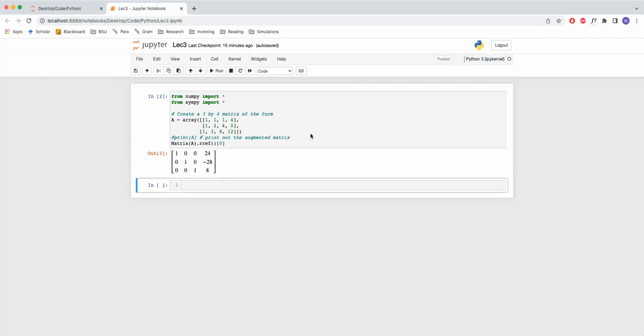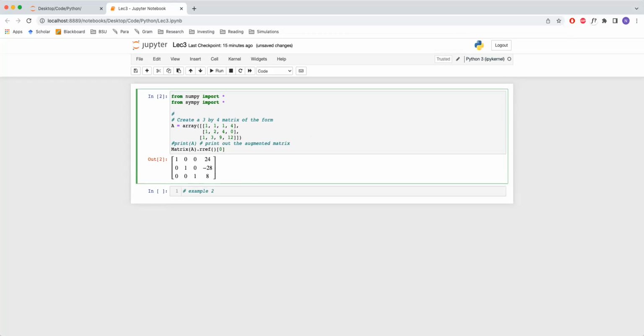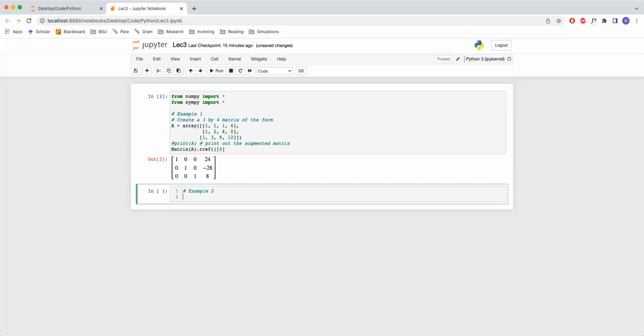All right. So this is example 2. So let me quickly comment that. Example 2, and the one above that is example 1. So in this example 2, from the notes, what we want to do is to create a matrix. You have 5 equations, so that is a 5 rows by 6 columns matrix.